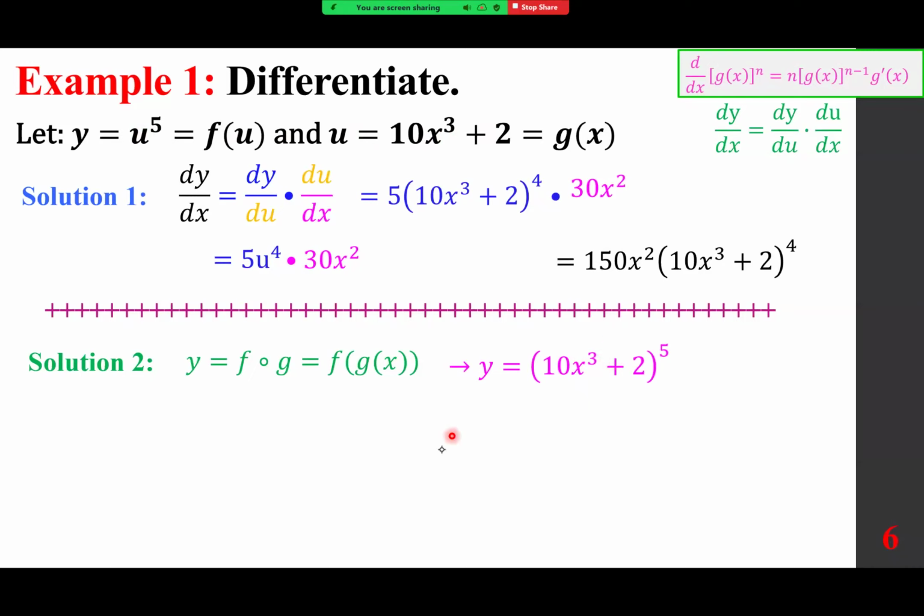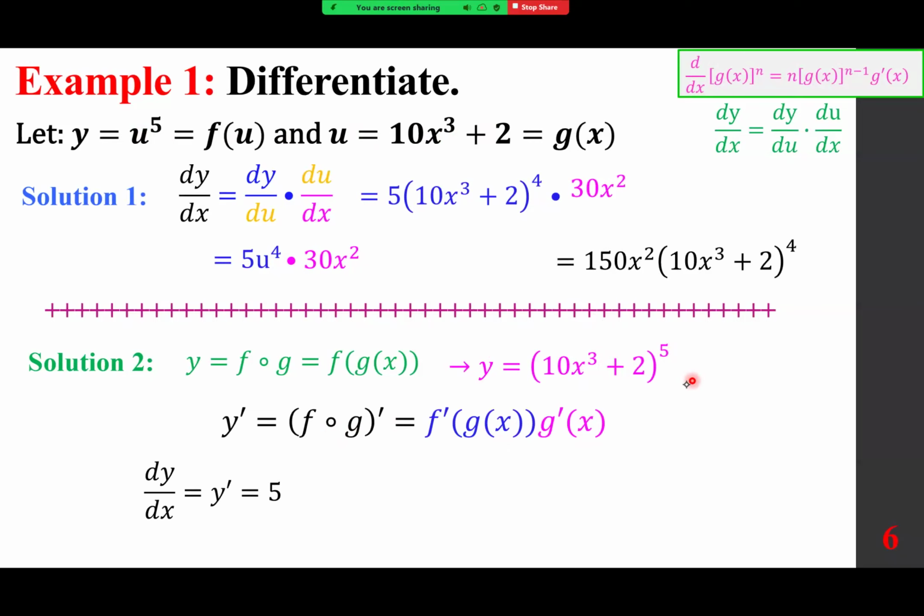So n is a 5. So we are going to use f prime of g of x times g prime of x. So to differentiate this, 5 sits in front, the same thing to the power of 4, because n minus 1 results in 5 minus 1 being 4.